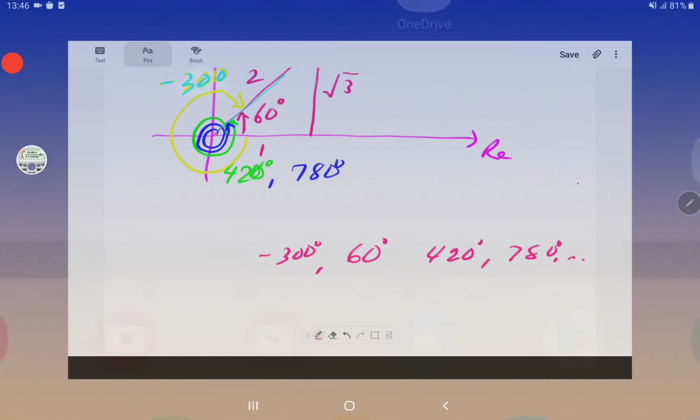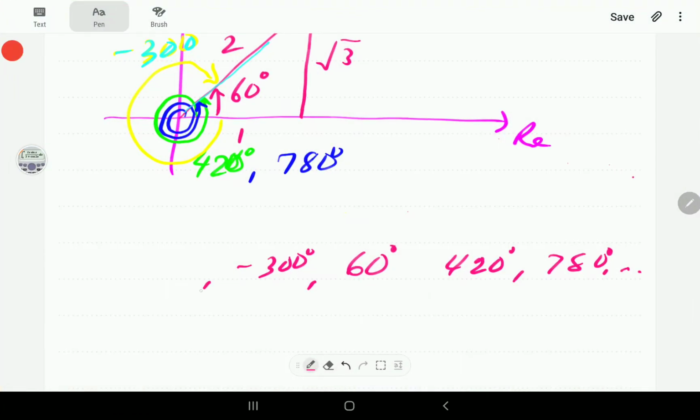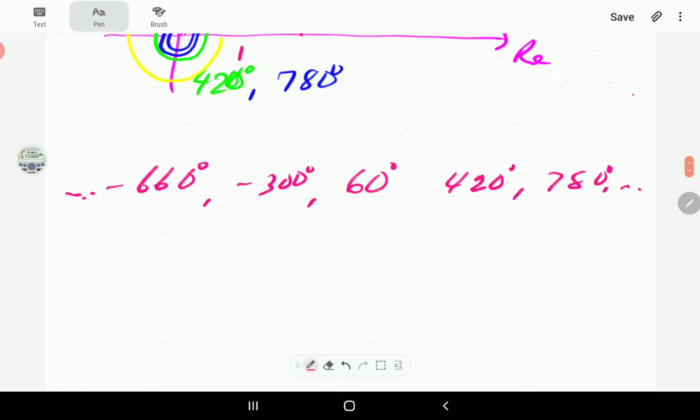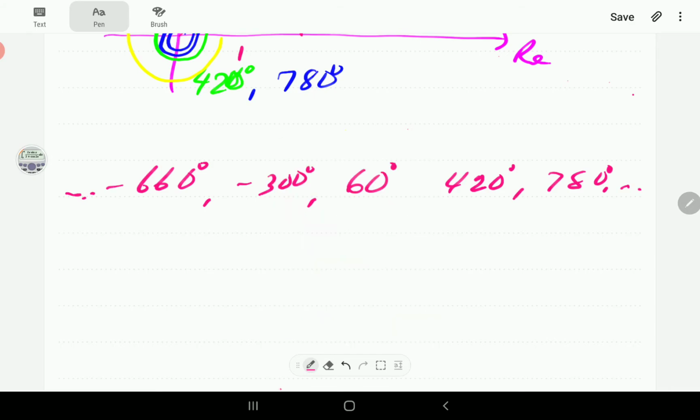The next one is going to be negative 660, and then again you can keep going. So these angles are called coterminal angles. These are coterminal angles of 60 because they share the same terminal side as the angle 60.